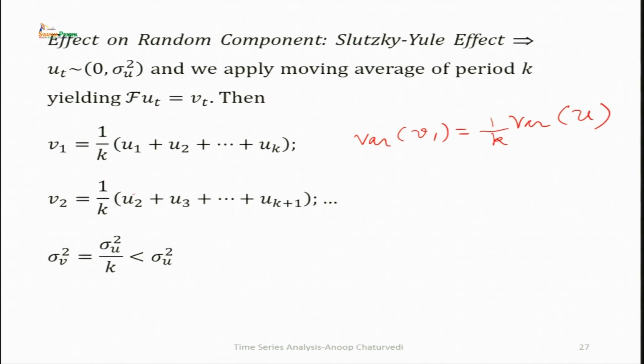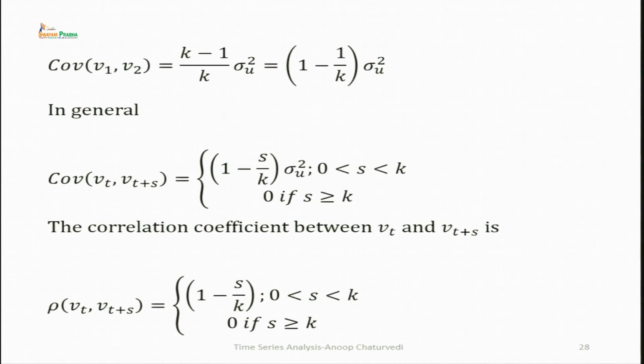The only terms which have non-zero expectation are u 2 square, u 3 square and so on up to u k square. So, k minus 1 terms have expectation sigma square u, all other terms have expectation 0. So, ultimately covariance of V 1 V 2 is equal to k minus 1 upon k sigma square u, and you can write this as 1 minus 1 upon k sigma square u.